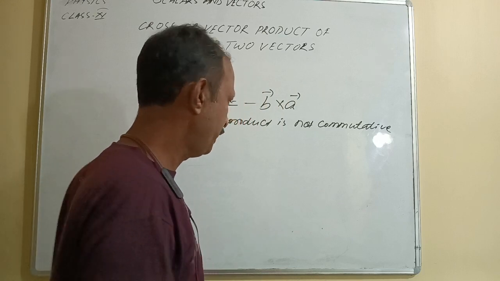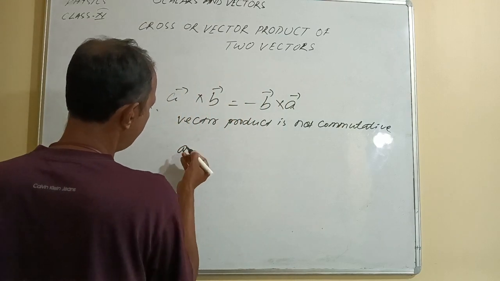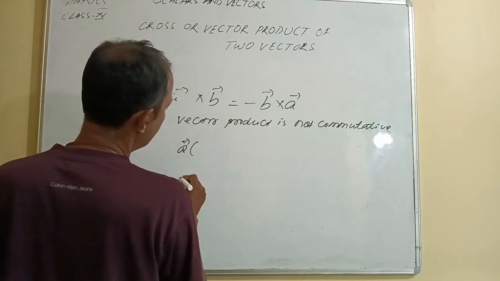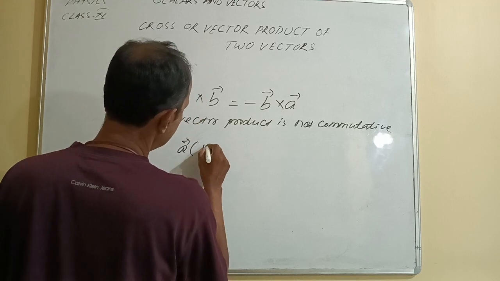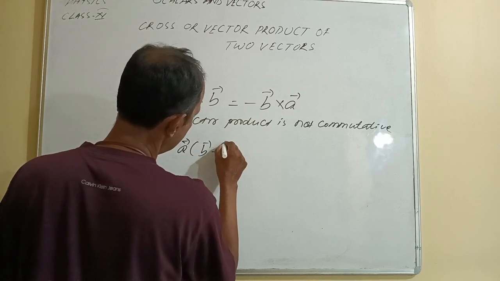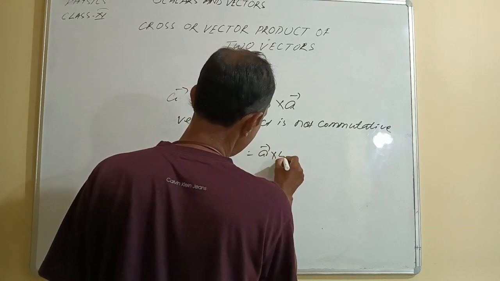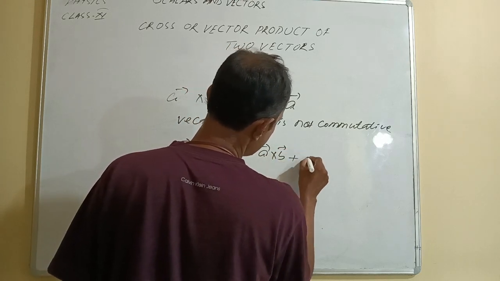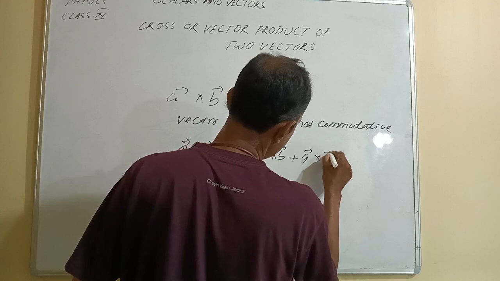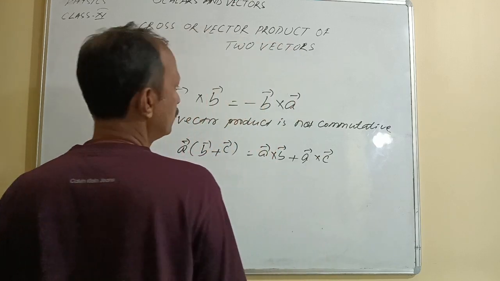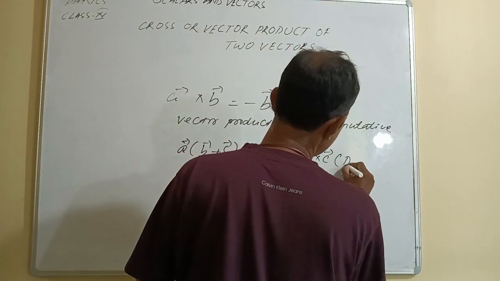Okay, but it is distributive. If I write A cross (B plus C), so I can say that A cross B plus A cross C. That means it is distributive.